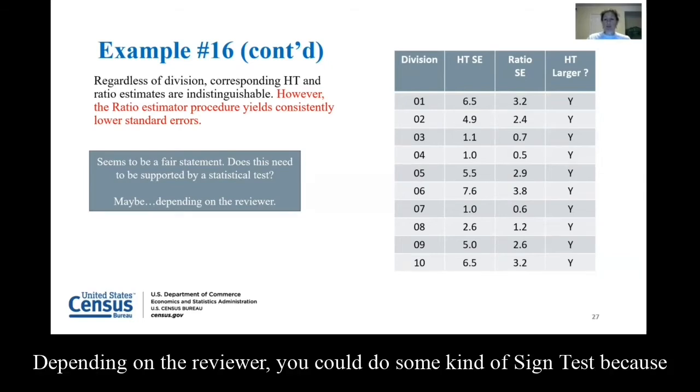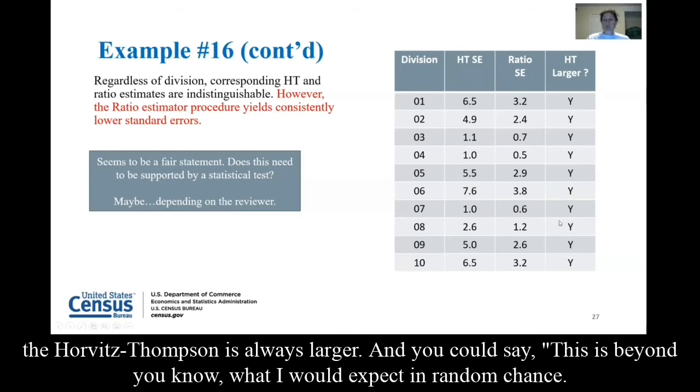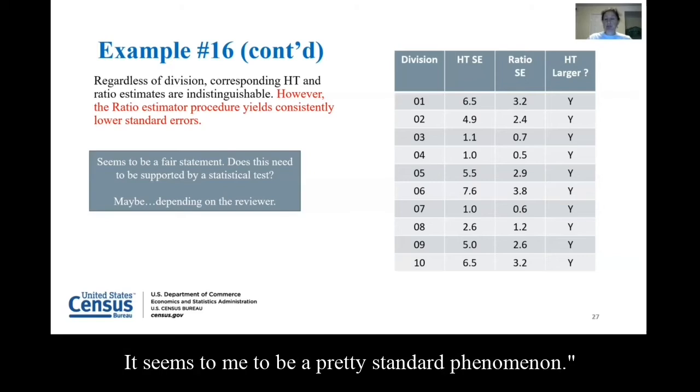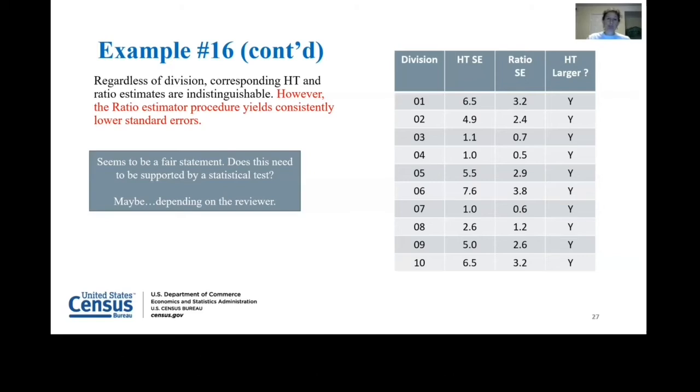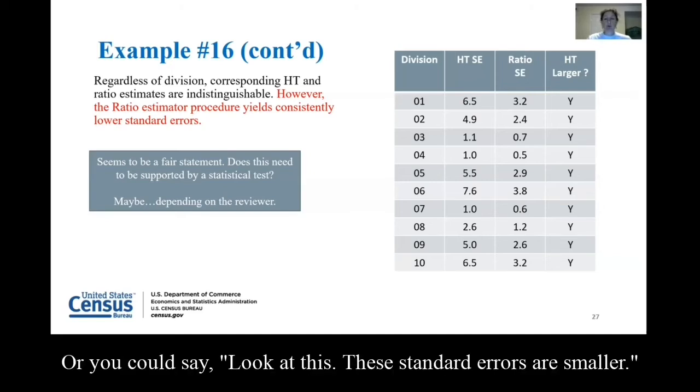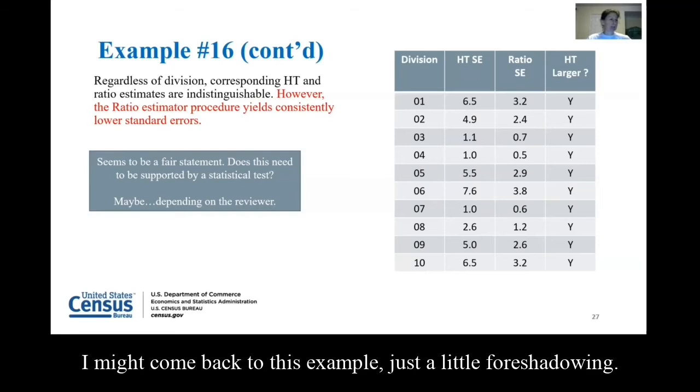You could do some kind of sign test because the Horvitz-Thompson is always larger, and you could say this is beyond what I would expect in random chance. It seems to me to be a pretty standard phenomenon. Or you could say, look at this, these standard errors are smaller. And I might come back to this example, just a little foreshadowing.